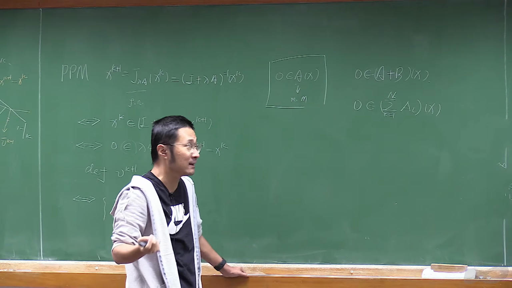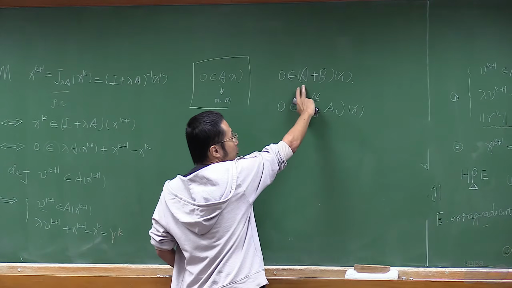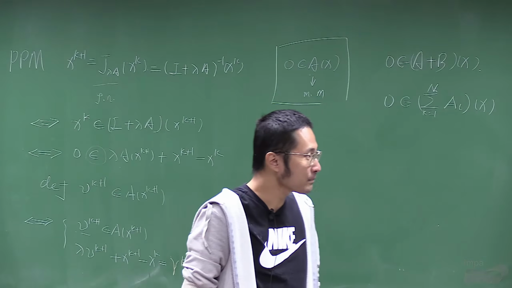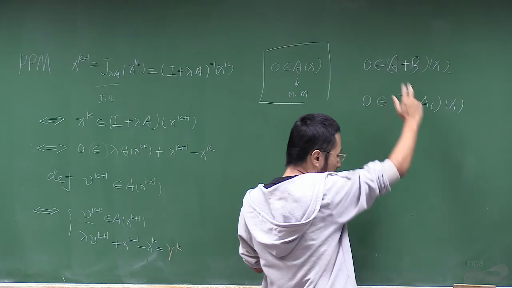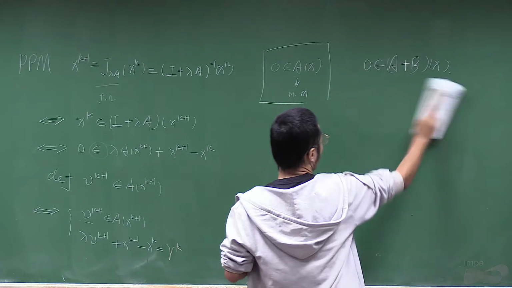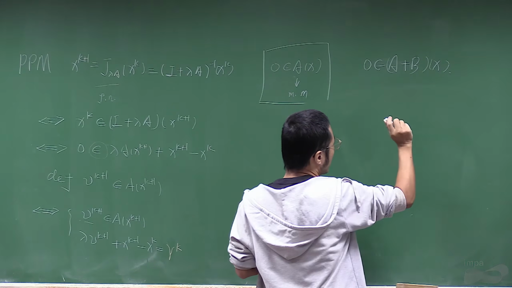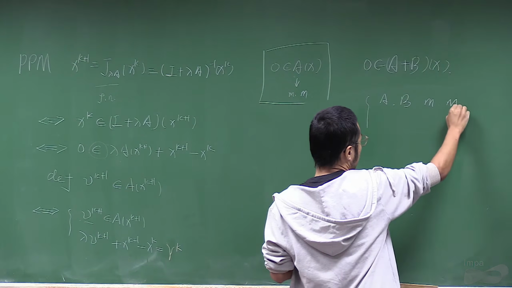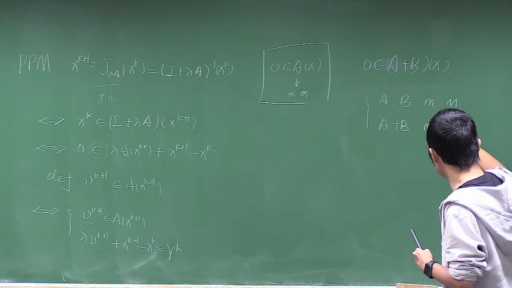Actually, it's possible to develop projection methods for solving the sum of two operators or even the sum of m operators. The first question is, we first analyze the inclusion problem with two operators. If we assume A and B are maximal monotone, and also we assume A plus B is still maximal monotone.